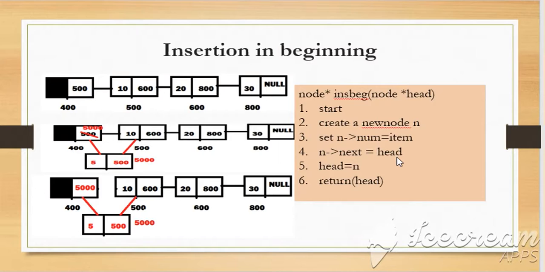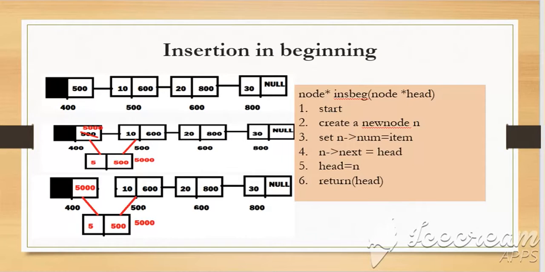That means we are storing the current starting address in the next pointer of the new node. That is, 500 is stored in the next pointer of the new node. And head equal to n. That means head is made to point to 5000. That means head has changed to 5000, and we have to return the new address. That is all about insertion at the beginning.